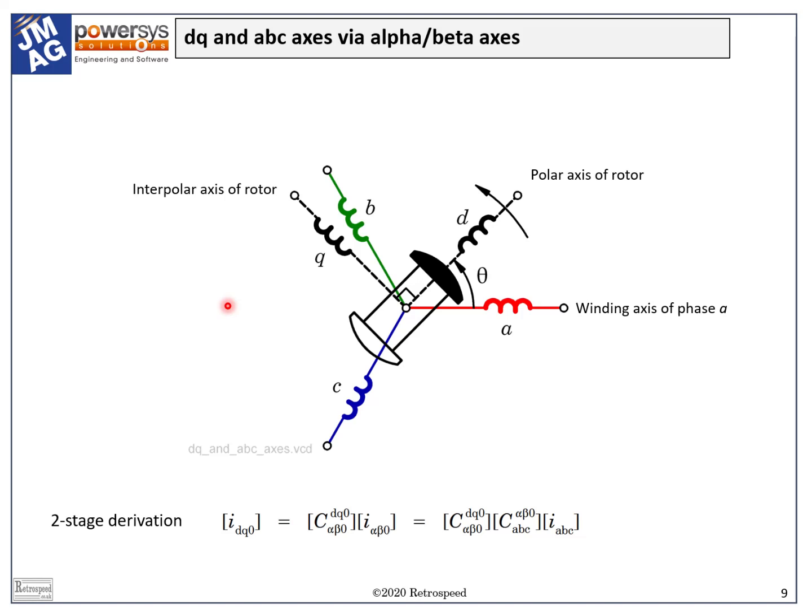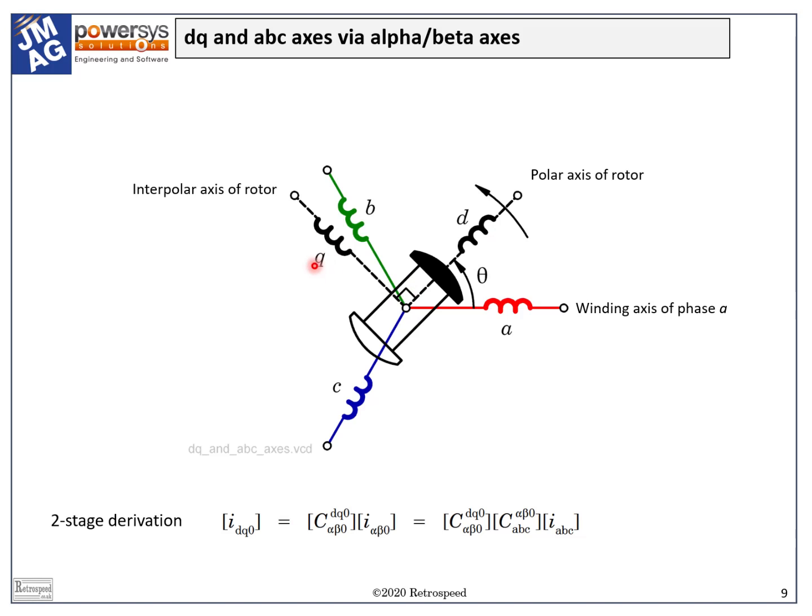What Park's transformation does is to map the stator currents, voltages, and flux linkages in the stationary ABC frame of reference into the rotating dq frame of reference, so that all variables will be in the same frame of reference, which, in the case of Park's transformation, is locked to the rotor and rotates at the speed of the rotor.